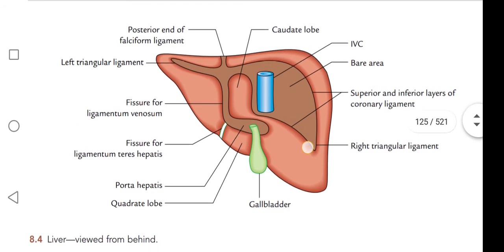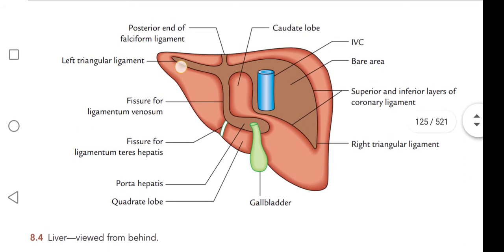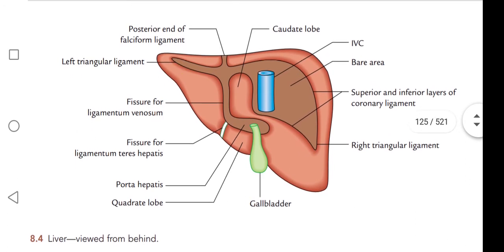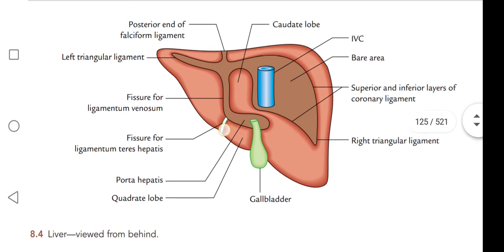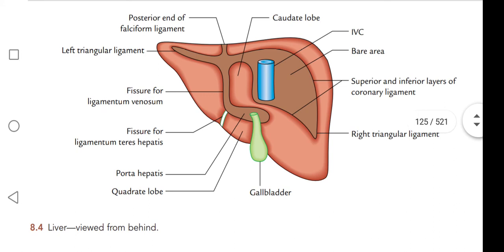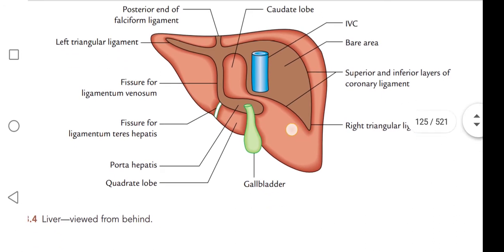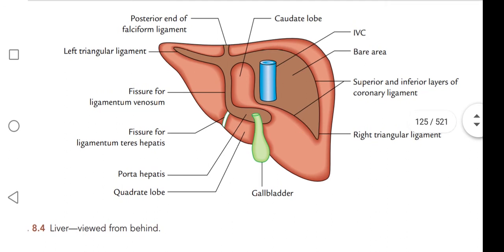This is the right triangular ligament, left triangular ligament, falciform ligament, and ligamentum teres hepatis, and this is the coronary ligament.